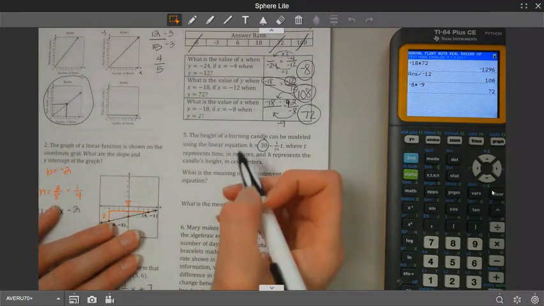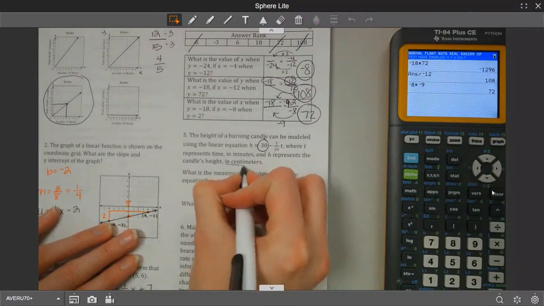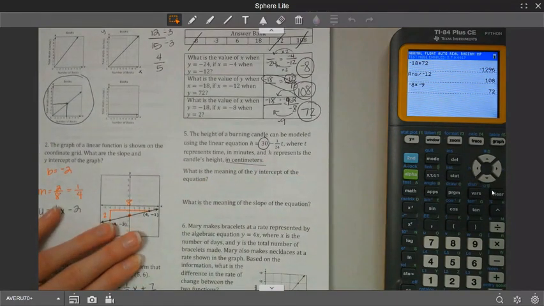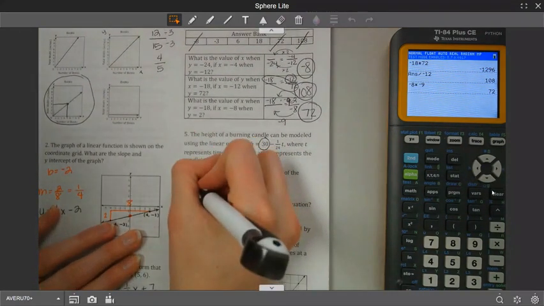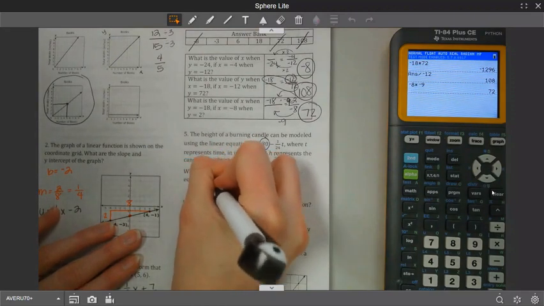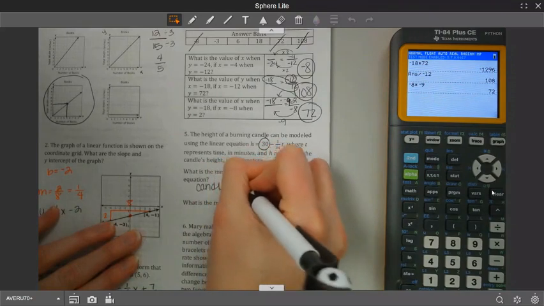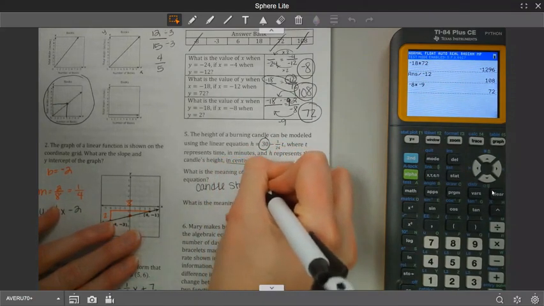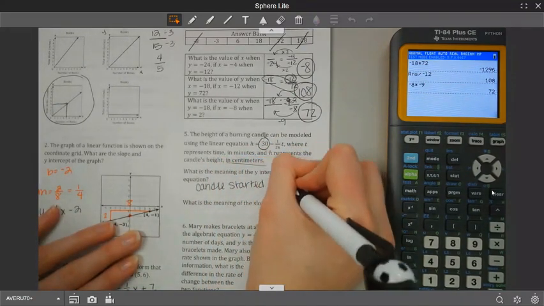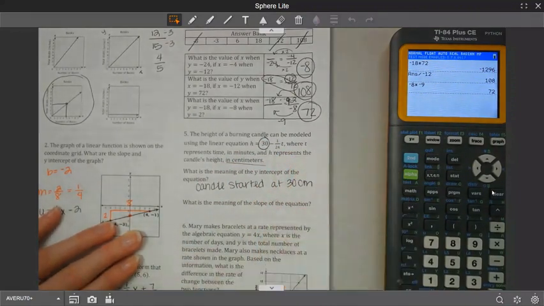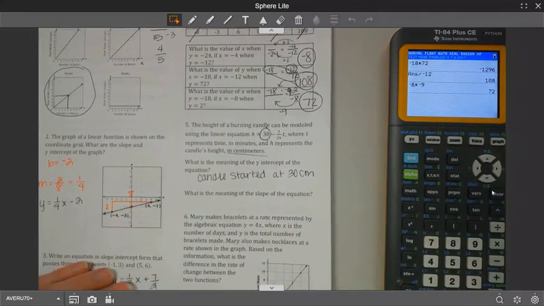Remember, the y-intercept is your starting point. So basically, it means that the candle started at 30 centimeters tall.